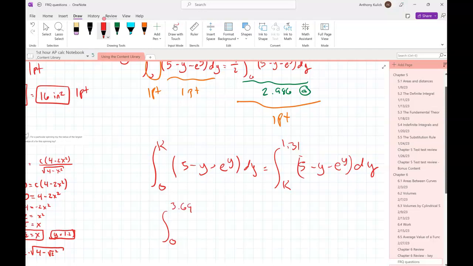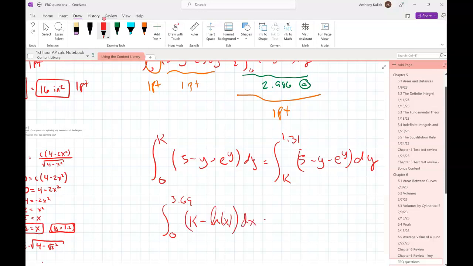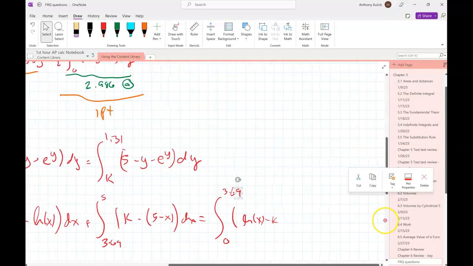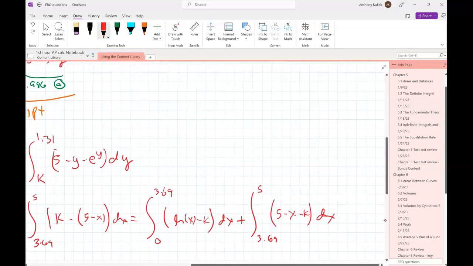It's 369, I think, was the end, of k minus the first stuff, and that was the exponent, or the logarithmic piece. dx has to equal, or plus, 369 to 5 of k minus the linear piece, and that would have to equal the reverse of these, so ln x minus k dx plus, to 5, and then 5 minus x minus k dx. I think that would count as well.